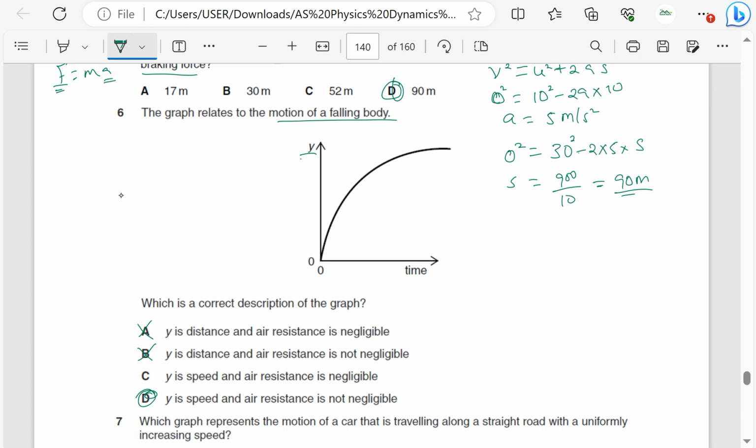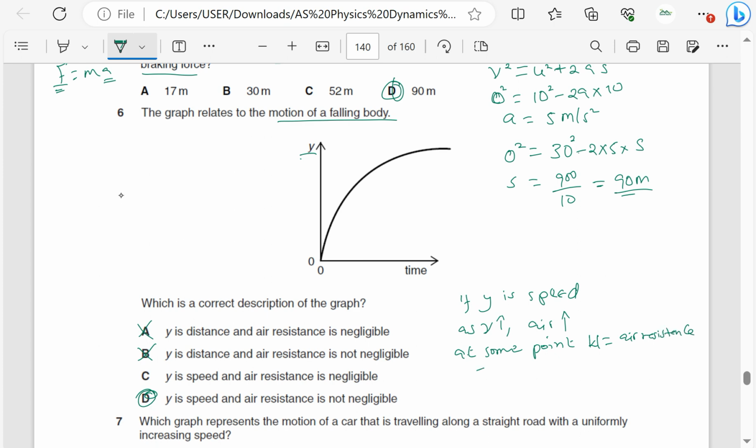Because if y is speed, as speed increases, air resistance also increases. If air resistance increases, then the drag force increases, so at some point the weight of the body will be equal to the air resistance.